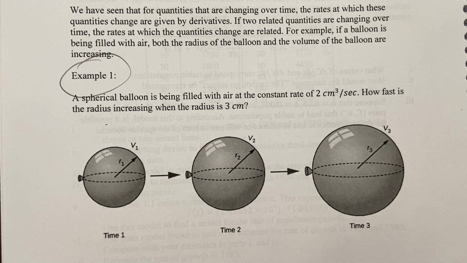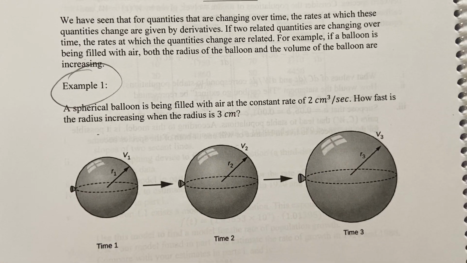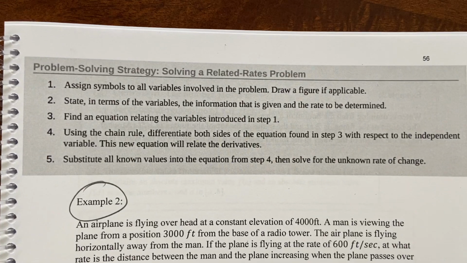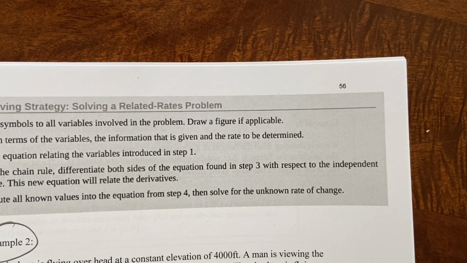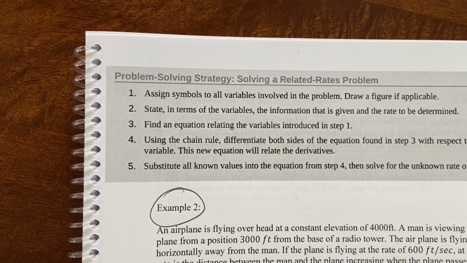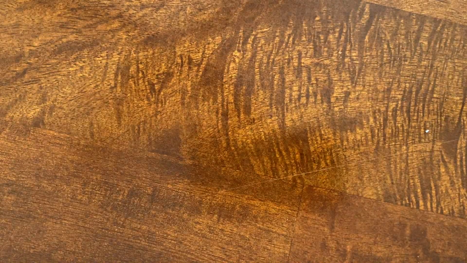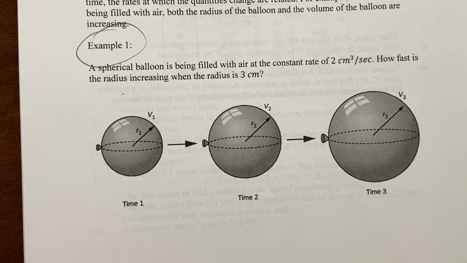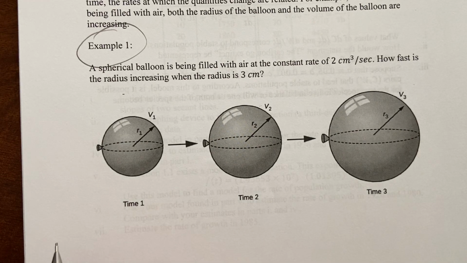So what I'll be doing to give us some structure is I'll be following these 5 steps. So this is on the next page, page 56. So I'll be going through these 5 steps with respect to this balloon. So in step 1, we want to figure out the variables that are involved.